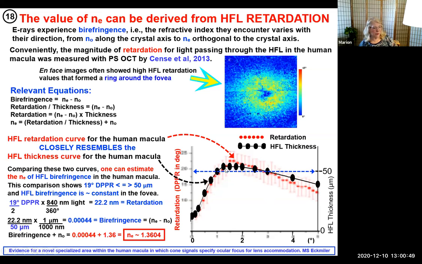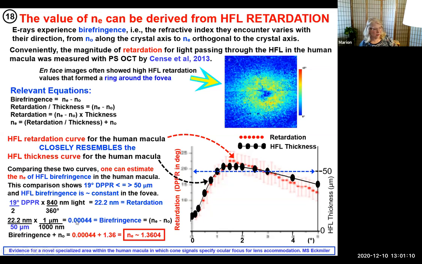One can use that information to say that 50 microns worth of HFL thickness gives you about 19 degrees of double phase retardation of the light.